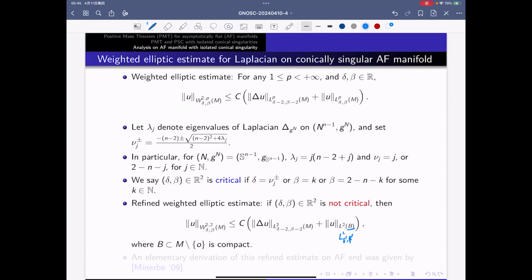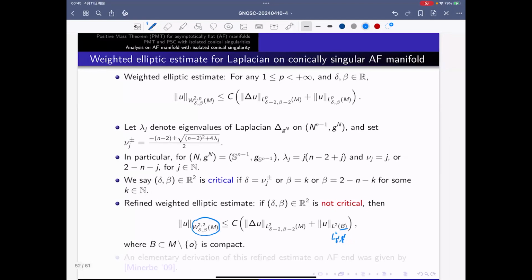So then actually this space is compactly embedded into L2 B, right? So from this we can get the Fredholm property for the Laplace operator, right?